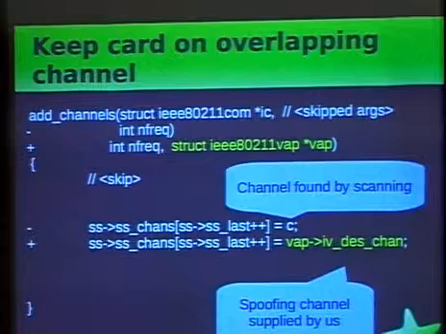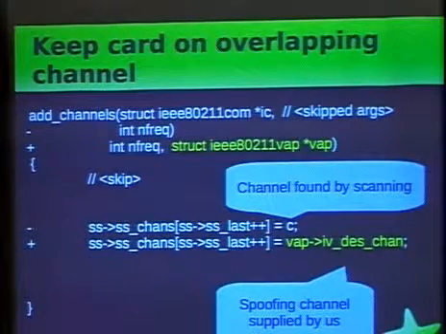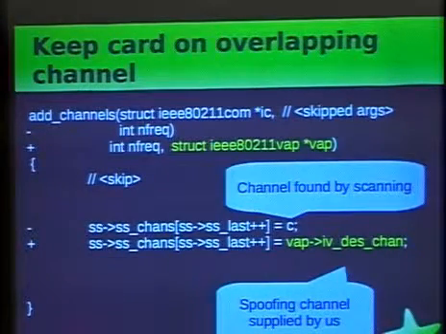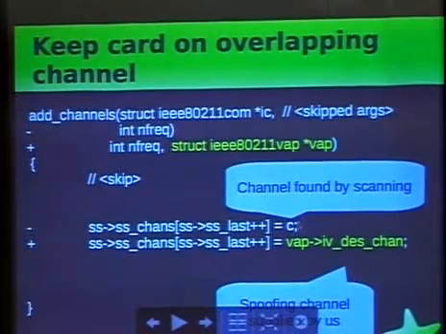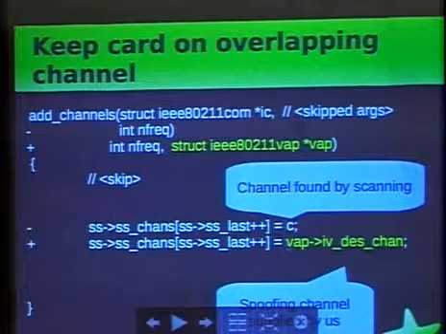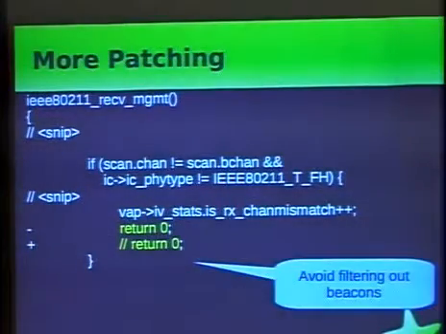There is a place in the kernel, in the driver, that figures out the channel of the access point with which you're going to associate, and it fills it in from the scanning results when it's looking for the stronger signal. What we are going to do in our driver, of course, is override it, because otherwise we won't be able to occupy these two adjacent channels.